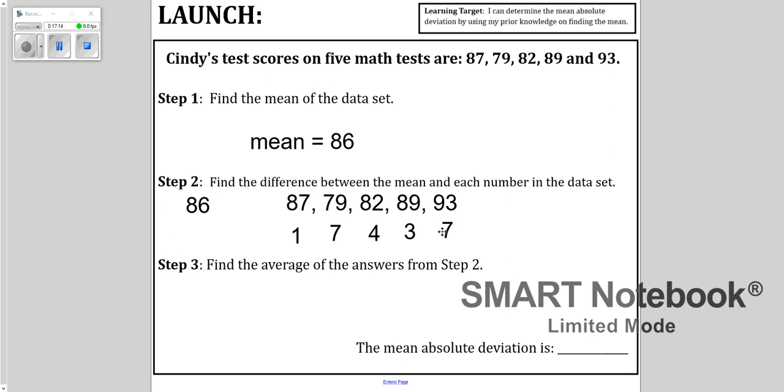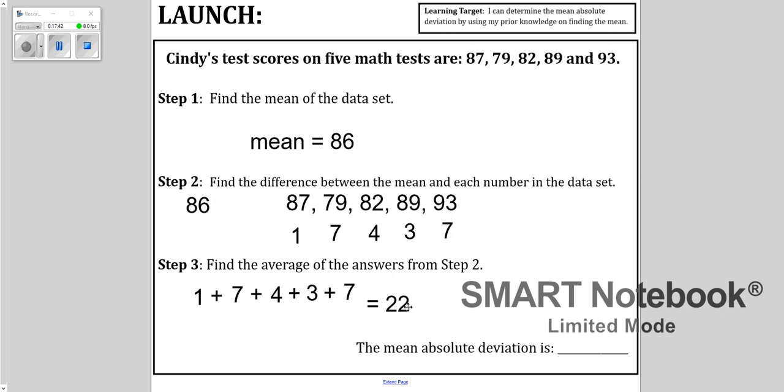So now we need to find the average of these 5 numbers. To find the average of them, you need to add them all up and then divide it by 5. So 1 plus 7 is 8, plus 4 is 12, plus 3 is 15. 15 plus 7 is 22.